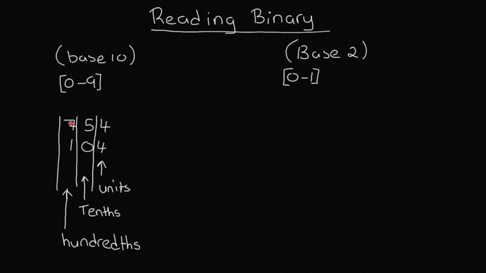Now I think we all get this idea, but another thing we can do is, rather than using these names called units and tenths and hundredths, we can think of each of these columns as having a power. So since this is base 10, we can say that this first column here is the same as saying 10 to the power of some number.